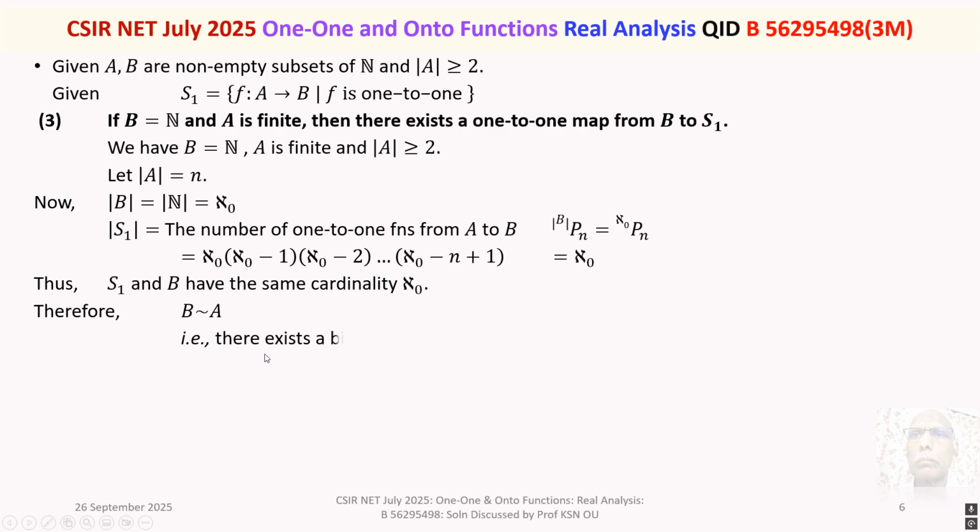So there exists a bijection from B to S1. I'm sorry, this is not A, this is S1. So there exists a bijection from B to S1, so there exists a one-to-one map from B to S1.